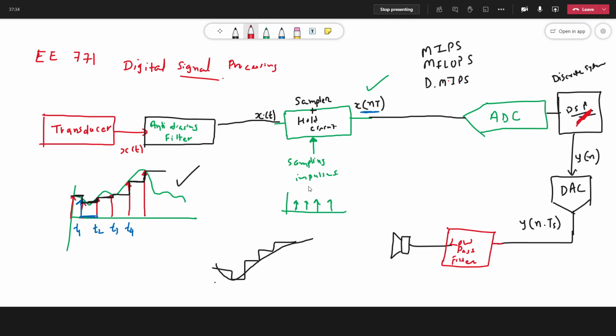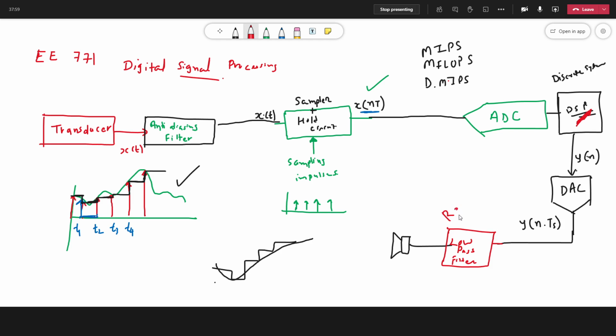But if your application is deriving the music information from the mic, you will need all these blocks. Similarly, if your application is just to record this signal, you will not require to convert it into the analog, and you can skip DSP reconstruction filter.